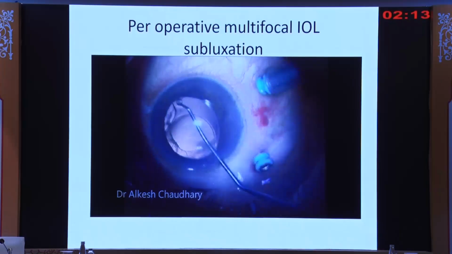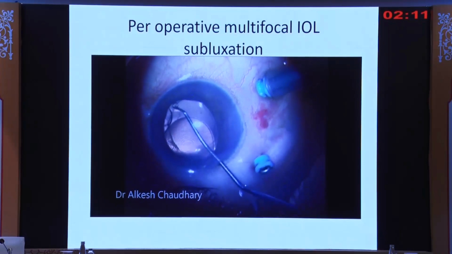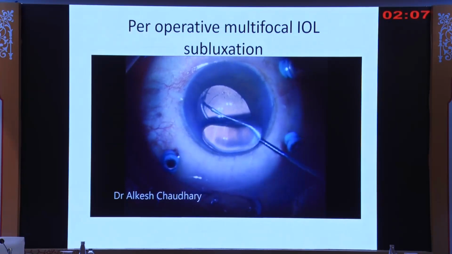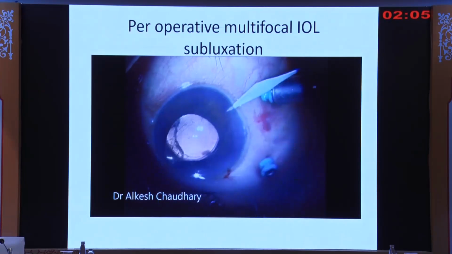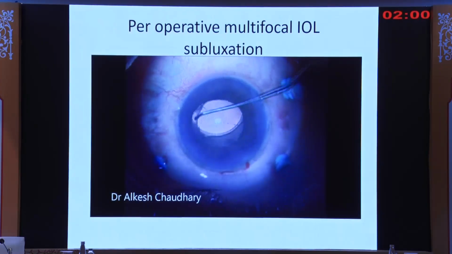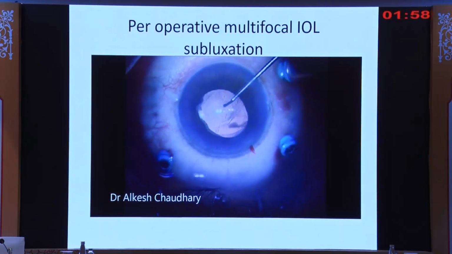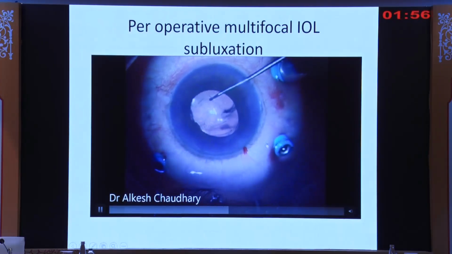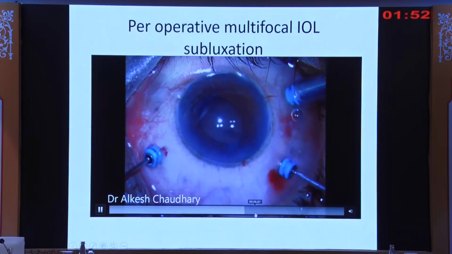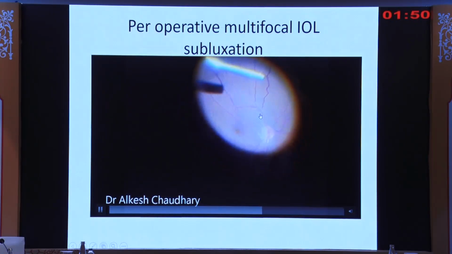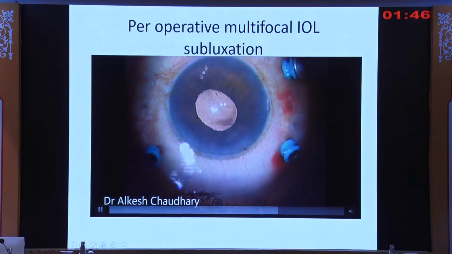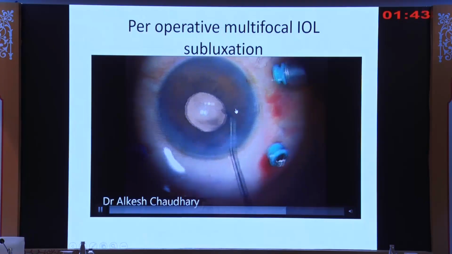Then with the side port, without removing the IOL, we are just trying to replace the IOL inside without making any opening, releasing all the synechiae and making it central. Then going behind the vitreous and removing whatever cortical matter was left behind. So absolutely clear, IOL well centered, pupil round, so well managed.